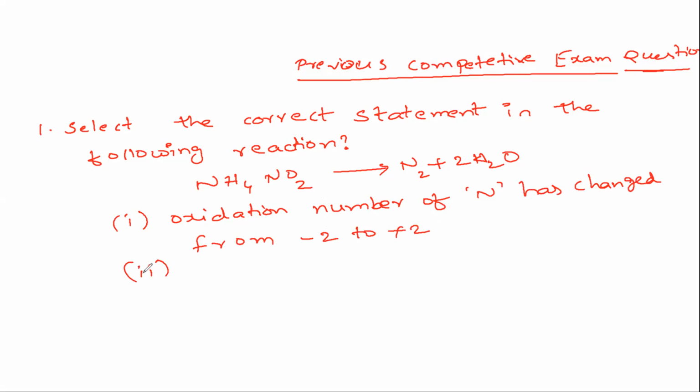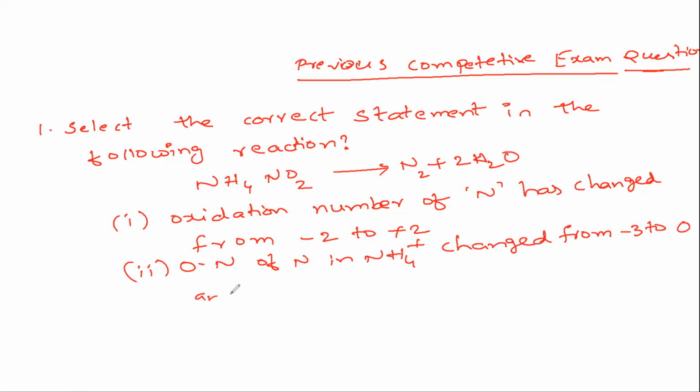Second option: the oxidation number of nitrogen in NH4+ changes from -3 to 0, and that in NO2- changes from -3 to 0.